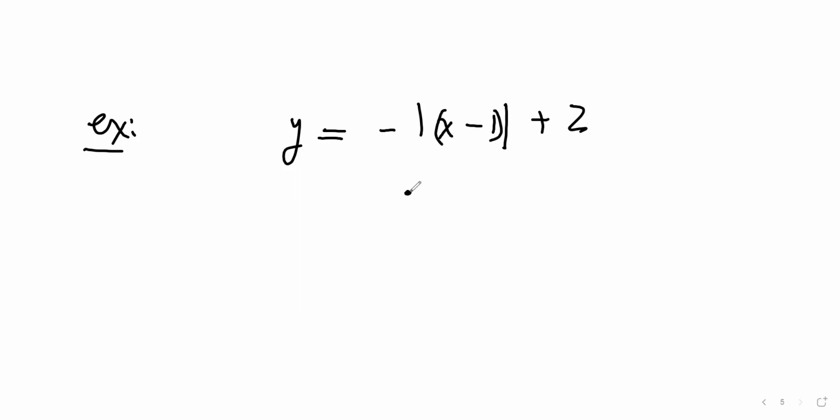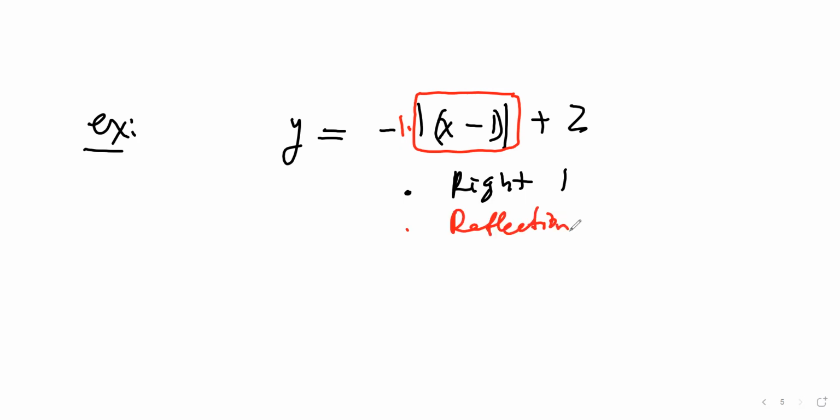First I'm going to go right 1, because subtracting 1 means you go right 1. Then I will do multiplication next, so negative 1 is a coefficient. That's the order of operations. That's a reflection, so I will do the reflection over the x-axis next. And then I will do plus 2, which just means up 2. So I have three operations to do.